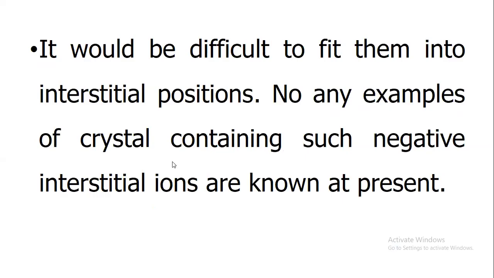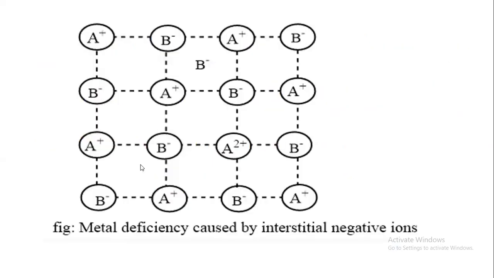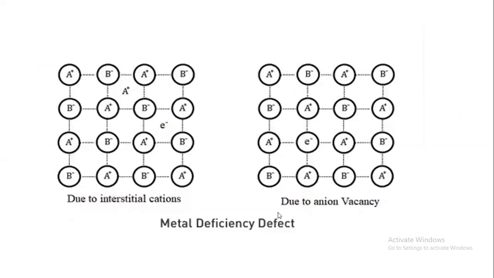No examples of crystals containing such negative interstitial ions are known at present. Metal deficiency caused by interstitial negative ions, due to interstitial cations, due to anion vacancy.